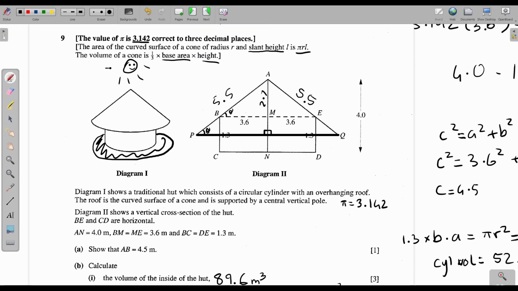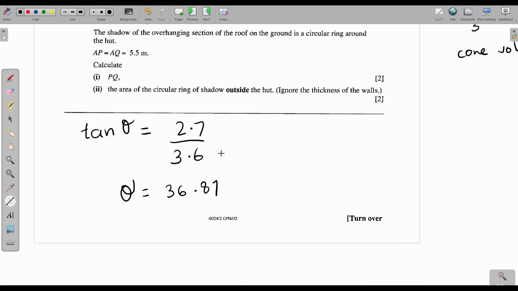Now we want to find out PQ. I'm just going to draw it over here so it's easier. We got 36.87 here, and 36.87 here.